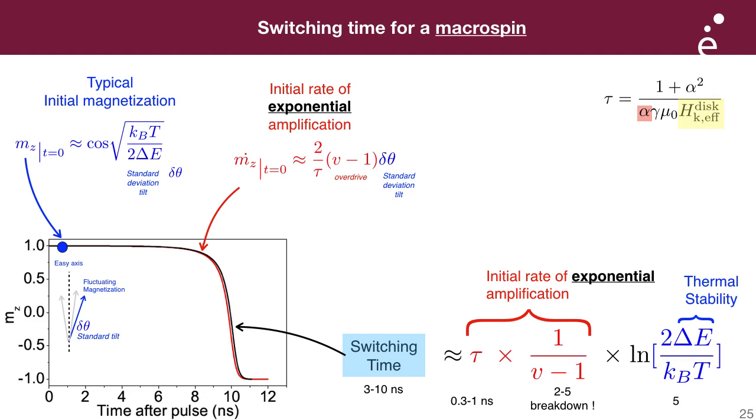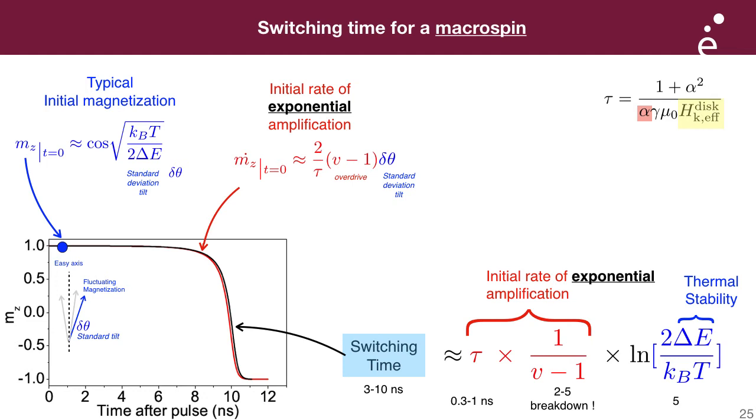The overdrive can be anything between 0 and a few units. So this factor will be from 2 to 5, and if you try to go to smaller values, you will break the junction. And the standard deviation of the tilt gets in the logarithm if you look at the switching time.